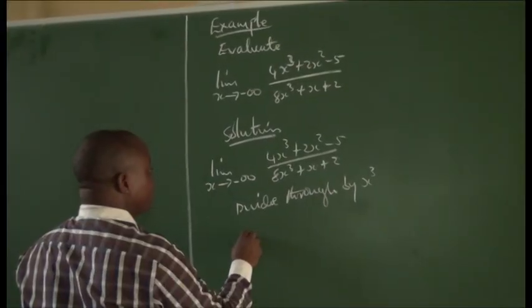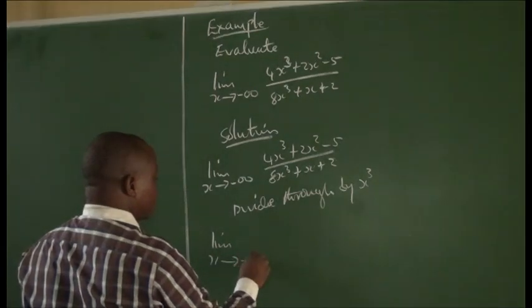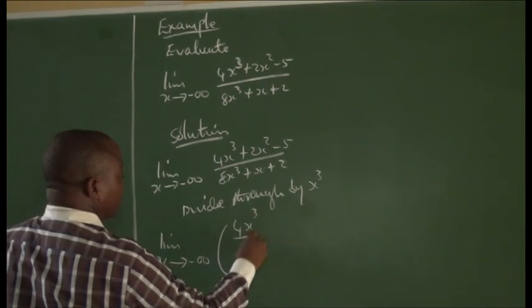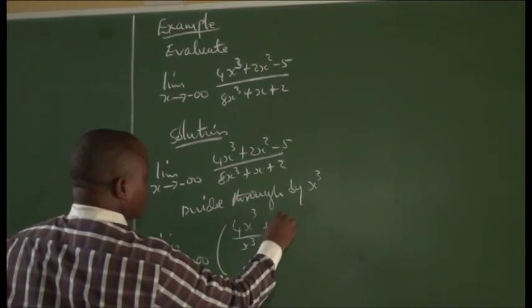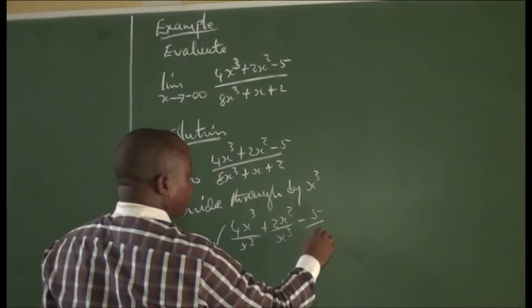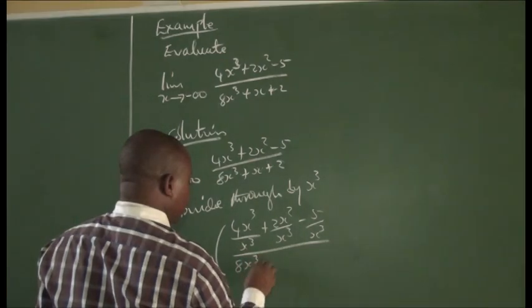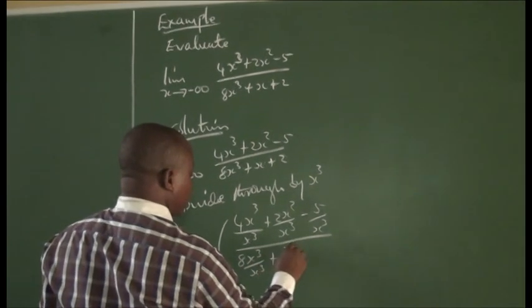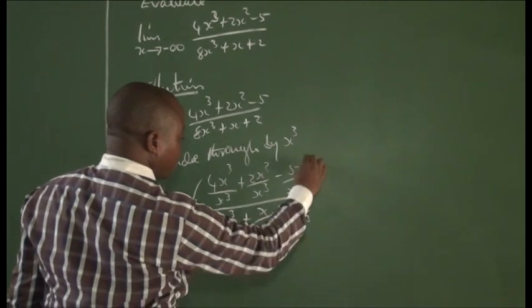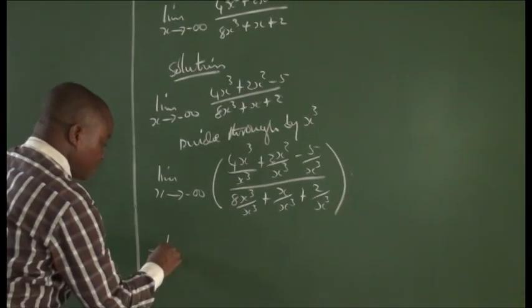So we have the limit as x approaches negative infinity of 4x cubed divided by x cubed plus 2x squared divided by x cubed minus 5 divided by x cubed, over 8x cubed divided by x cubed plus x divided by x cubed plus 2 divided by x cubed. And then we will have something like this.